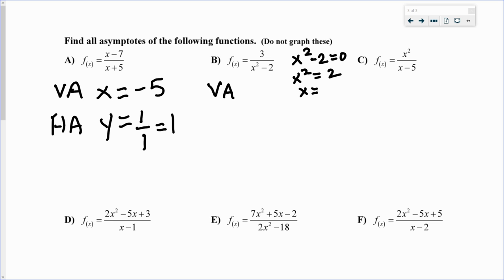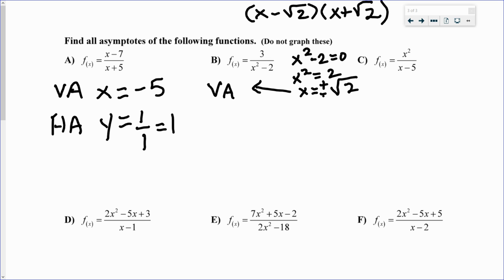And I could take the square root of both sides, and I'll get plus or minus square root of 2. So what's happening in this case, you could have factored it like that as well. I know that looks awkward because it's a square root, but it does work. And in this case, you will have 2 vertical asymptotes.